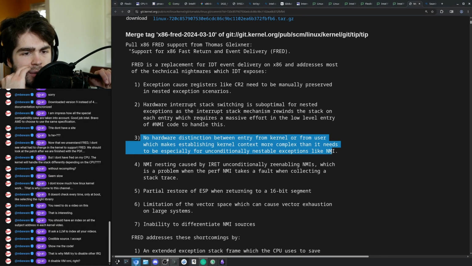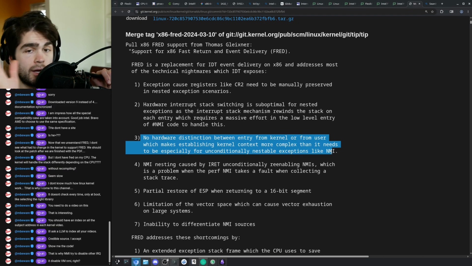It disables VM NMI, right? Yes, but it also has the bit to disable NMI outside of VM, and I don't know what that means. So that's why NMI, my brain is out.